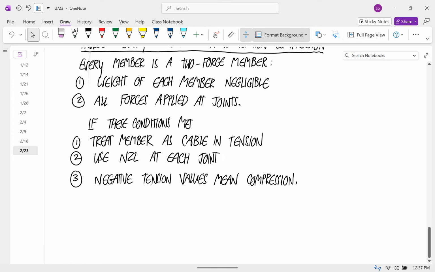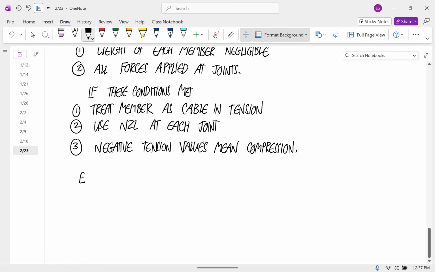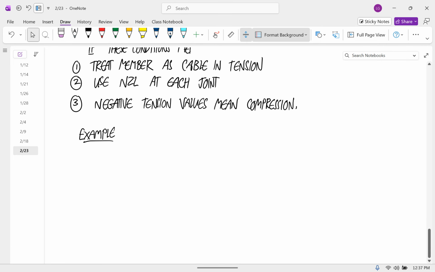Okay, so we'll start with a really simple one. Let's say we have a triangular shape.